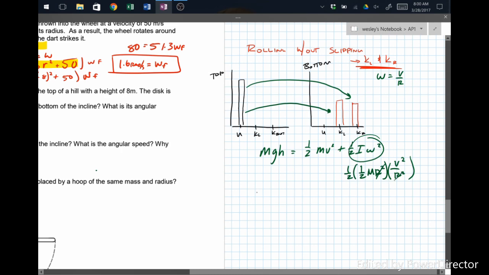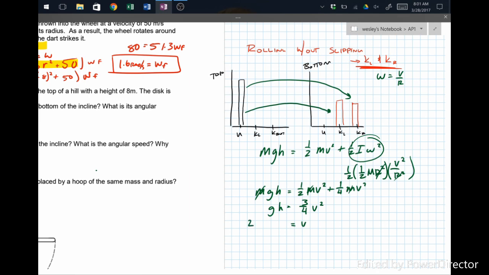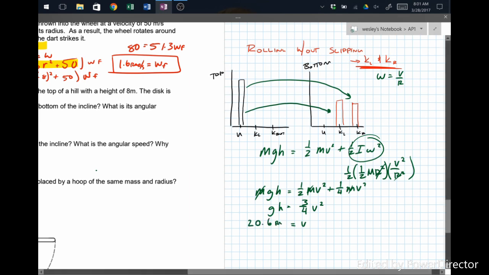My r's cross out, and my equation simplifies down to mgh is equal to 1/2 mv squared plus 1/4 mv squared. So my m's cross out, we get gh is equal to 3/4 v squared. And if we solve for that velocity for part A, we end up with 20.6 radians per second.